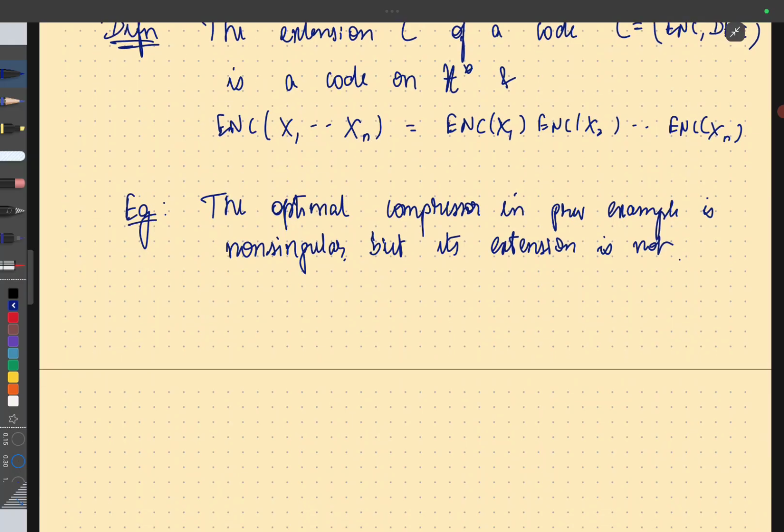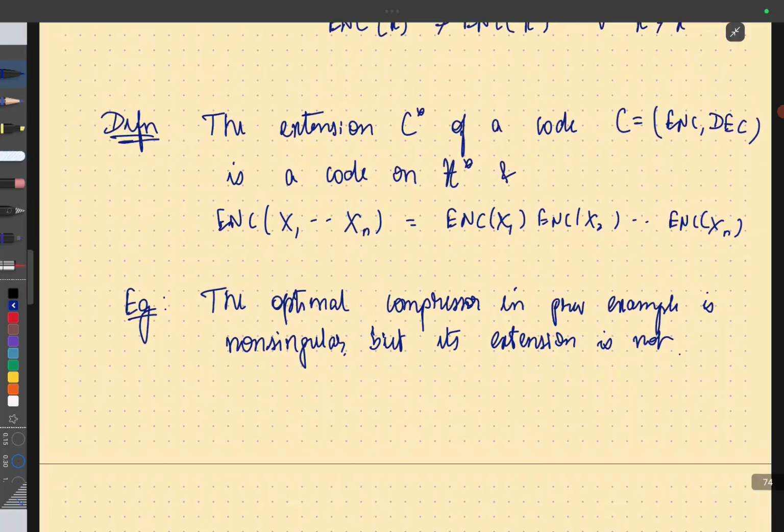So if we want to construct a good symbol-wise compression scheme, then what we require is that every extension should be non-singular.